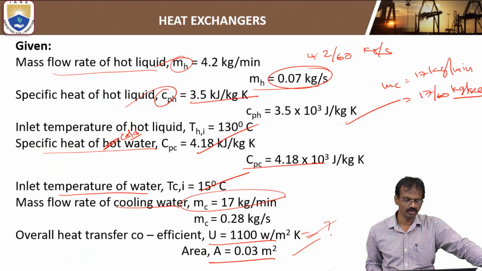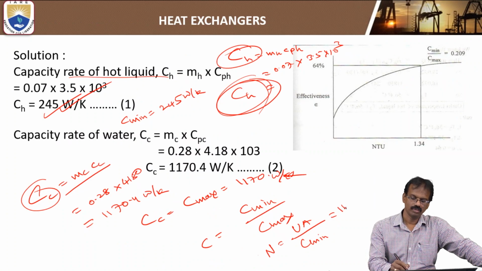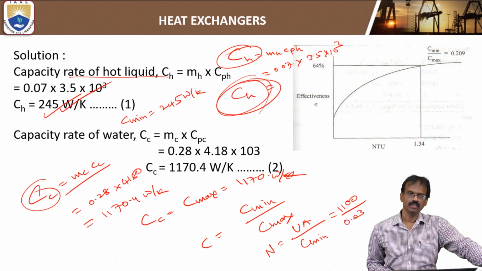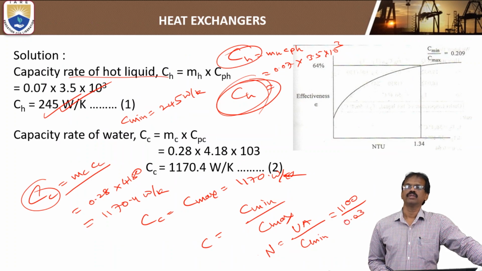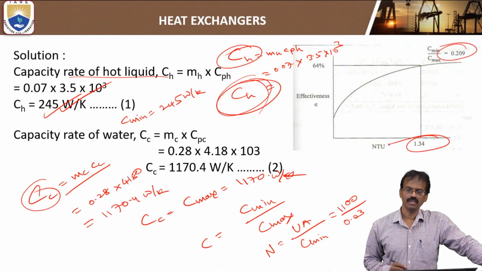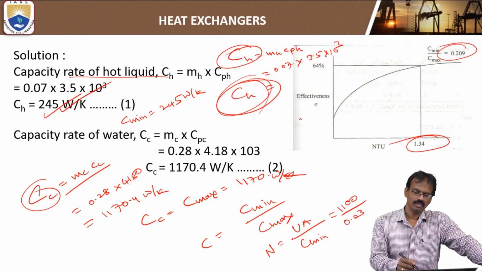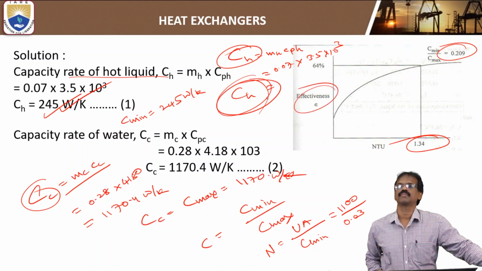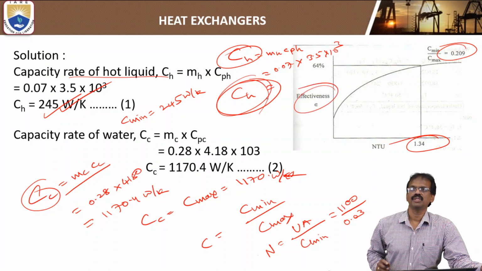U value is equal to 1100, by area 0.03. So you can find the N value using this C minimum. With the NTU value, you can take the effectiveness value from the graph. Otherwise, you can calculate the effectiveness.